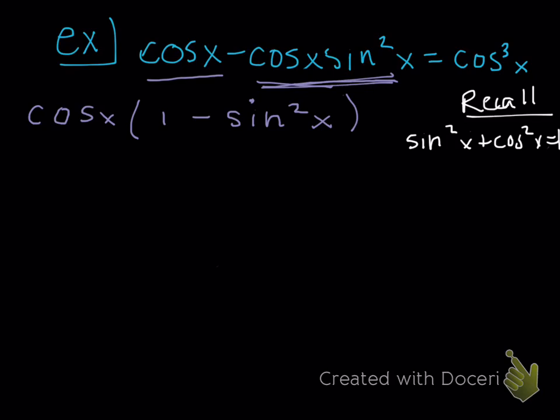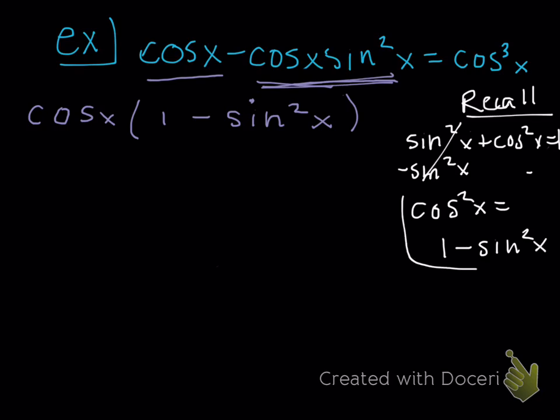If I were to manipulate this identity to get cosine squared by itself, I would subtract sine squared from both sides. So they would cancel, and I'm left with cosine squared of x is equal to 1 minus sine squared of x.